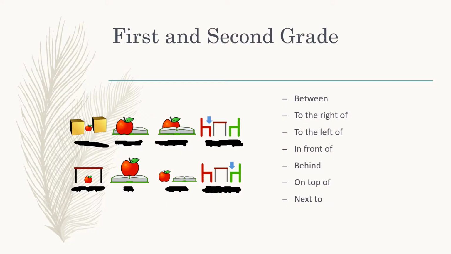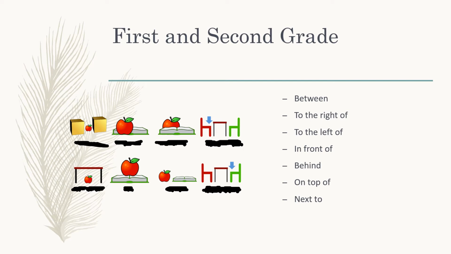So we've seen these pictures before, and I've blacked out the words underneath them. So now you can match which direction goes with which side. Do you remember? Between, if something is between something, it's between two objects. If something is to the right of an object, it's to the right. If we remember our rights and lefts, to the left of an object.